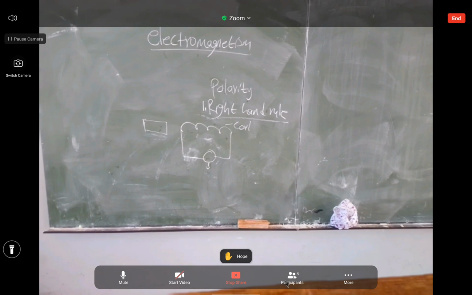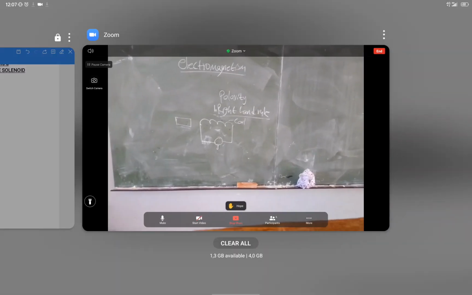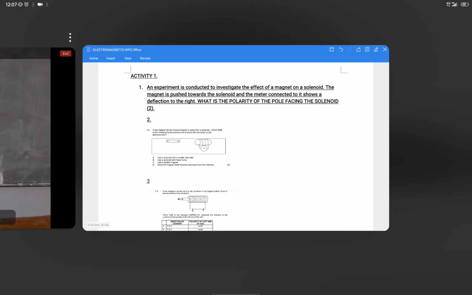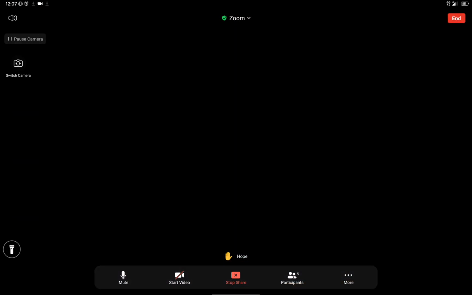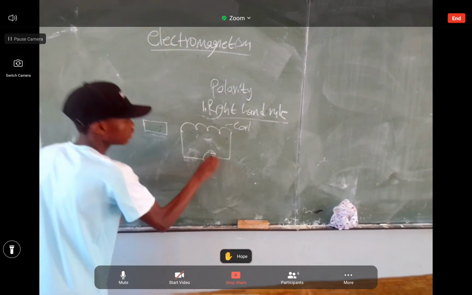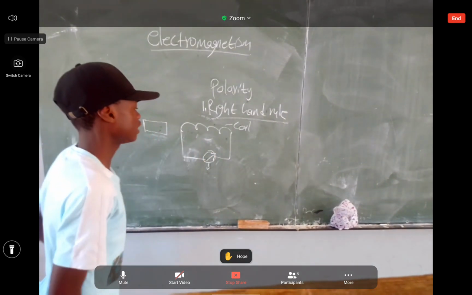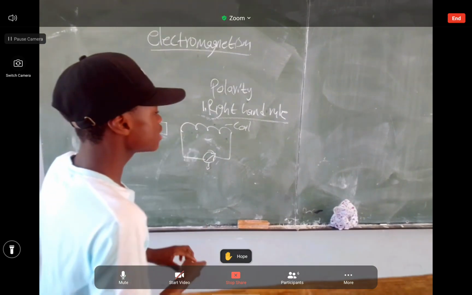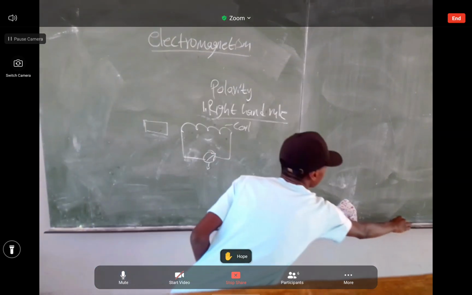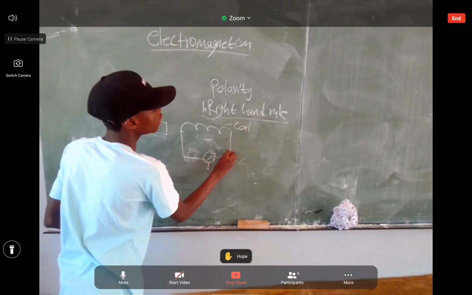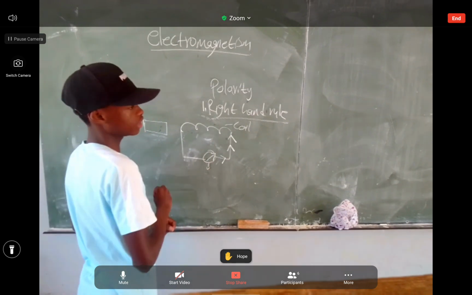Okay, it is deflected to the right, right? So if it goes to the right, this simply means that the current will also move in this direction.